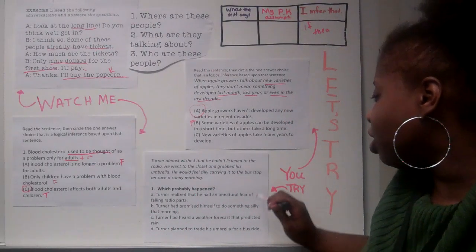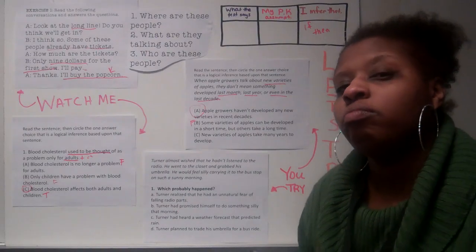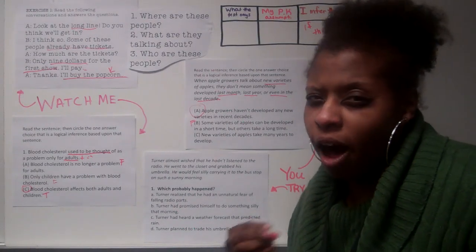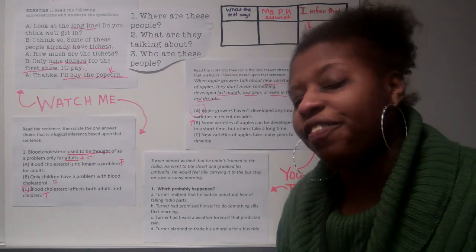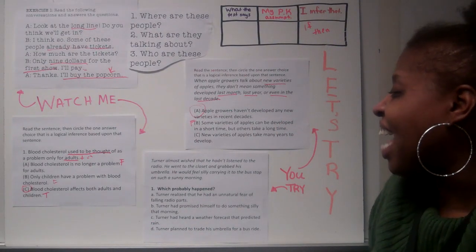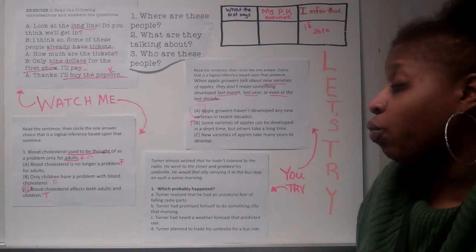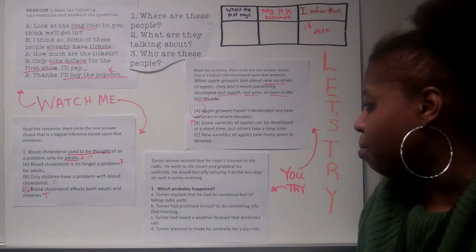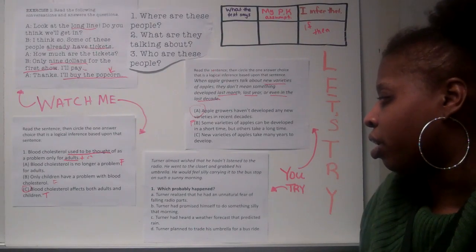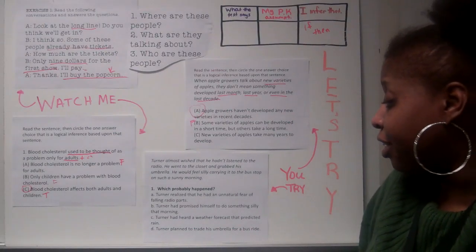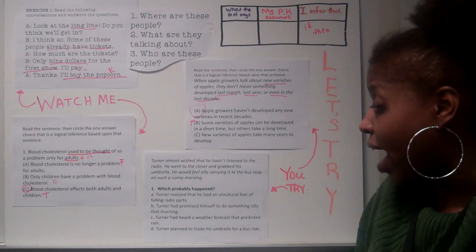All right, so this one I want you to try on your own. Go ahead and pause the video. Well, wait, I'll read it first, then pause the video, and then try to figure out on your own. Turner almost wished that he hadn't listened to the radio. He went to the closet and grabbed his umbrella. He would feel silly carrying it to the bus stop on such a sunny morning, which probably happened. D, Turner planned to trade his umbrella for a bus ride.